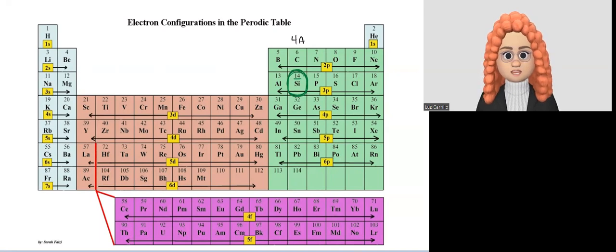So let's say that we do one more example. Let's say that, for example, we take calcium. If I write the full electron configuration for calcium, make sure that you practice at home. Calcium, which lives right here, because of its atomic number, has 20 electrons overall.